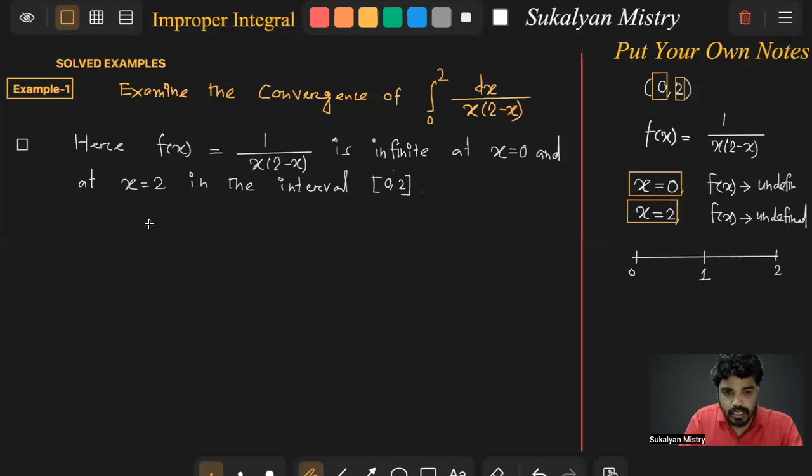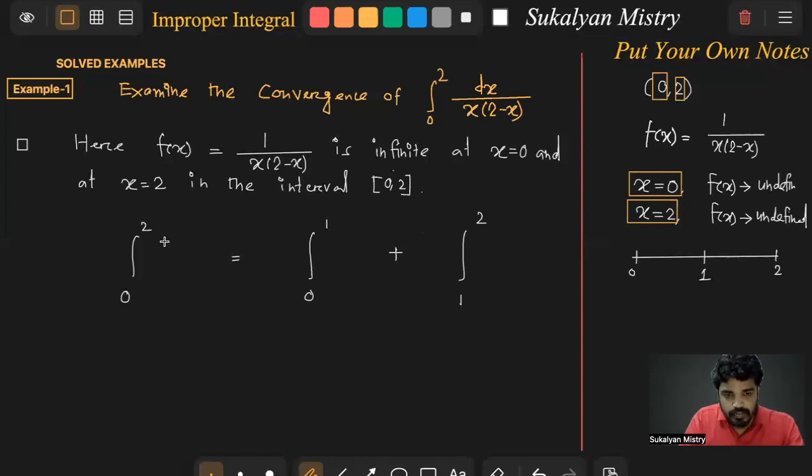So integration 0 to 2, right? This can be written as integration 0 to 1 plus integration 1 to 2. Integration 0 to 2, so this can be written as integration 0 to 1 plus integration 1 to 2. Okay.